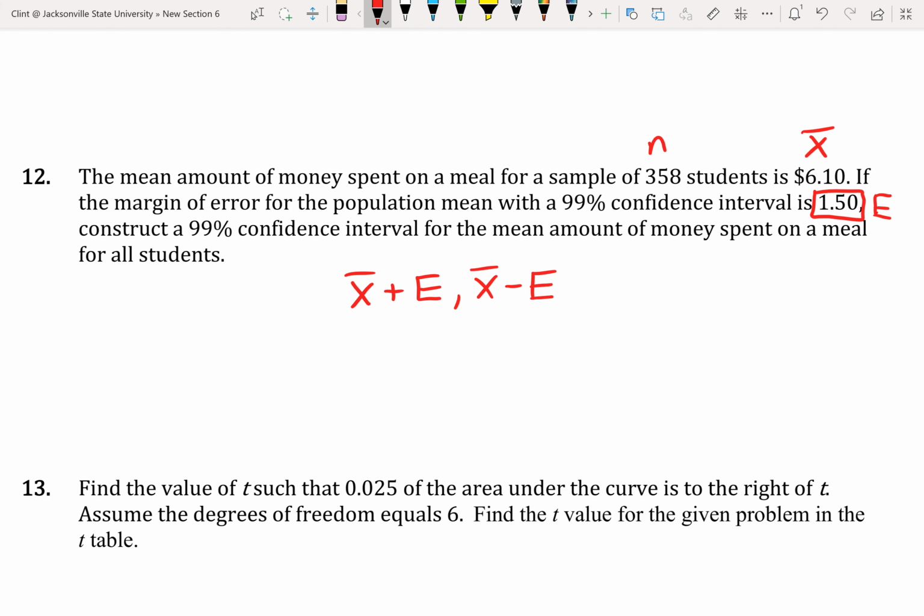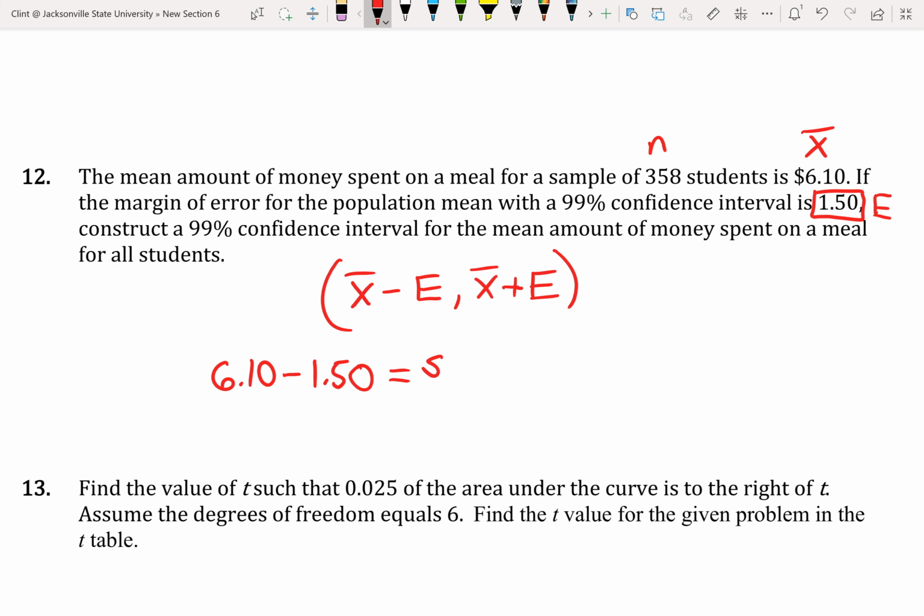So to make our confidence interval, we just have to add one time and subtract one time. Okay. So we'll do $6.10 minus 1.50. That will give us the lower endpoint. So what do we get there?